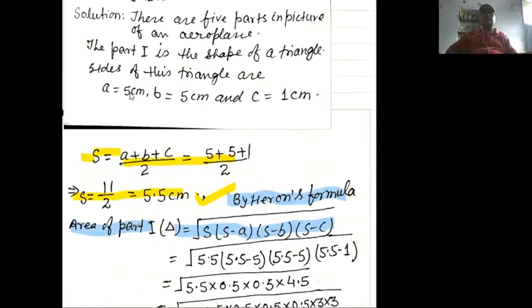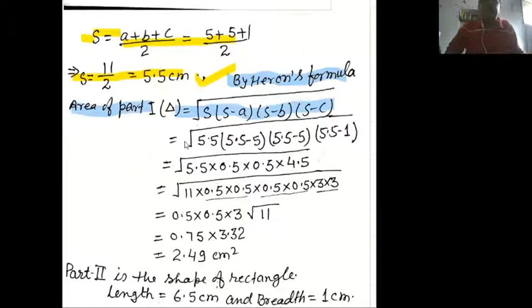Put the values: under root 5.5 into (5.5 minus 5) into 4.5.